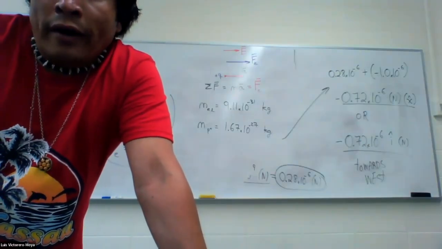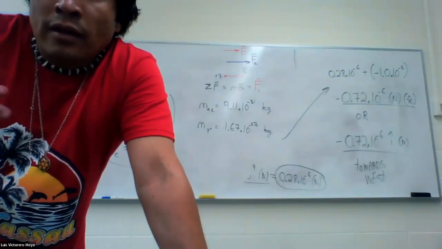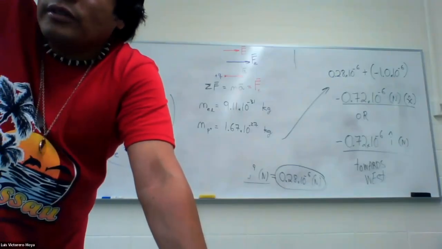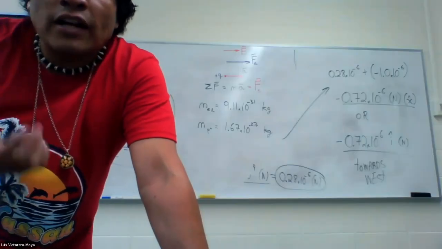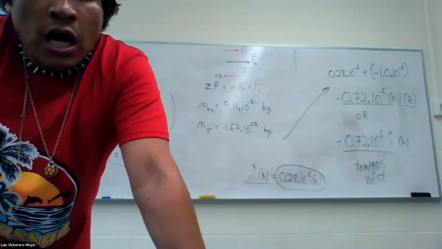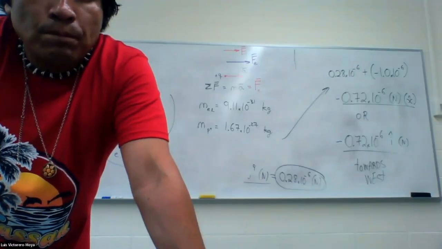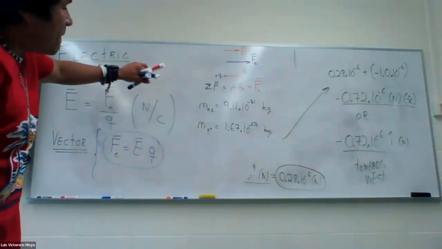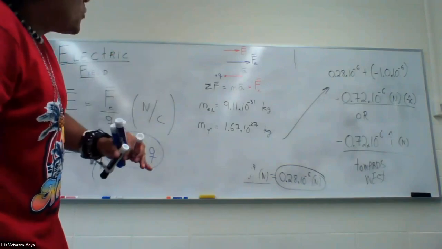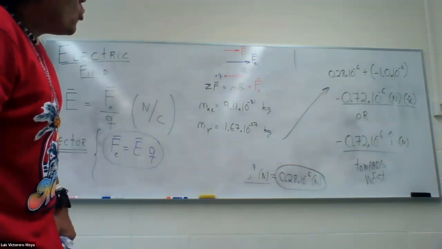That's why, as we go in outer space, astronauts are floating, right? Because the value of gravity gets weaker and weaker. In the case of an electric field, it's the same. As we move farther from the source, the electric field becomes weaker.